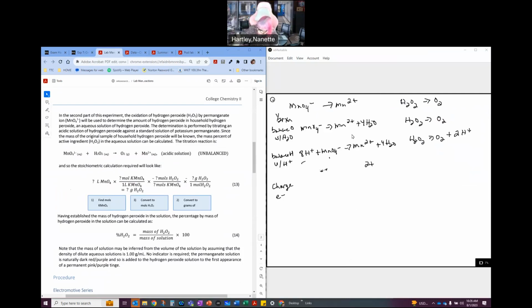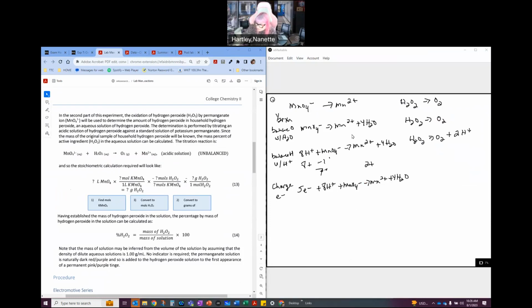This is 8 plus, and then 1 minus, which gives me 7 plus. So the difference is 5, and I have to add the electrons to the side that's more positive. So I'm going to have to add 5 e minus plus that 8 H plus, the MnO4 minus goes to Mn2 plus 4 H2O.